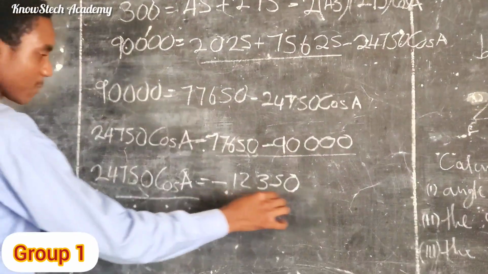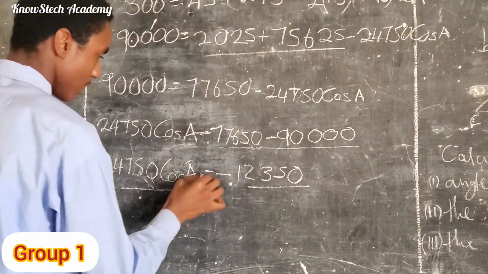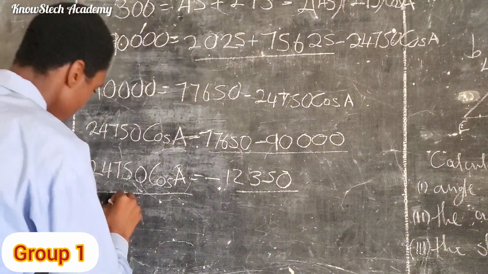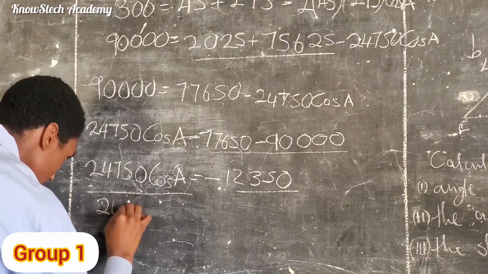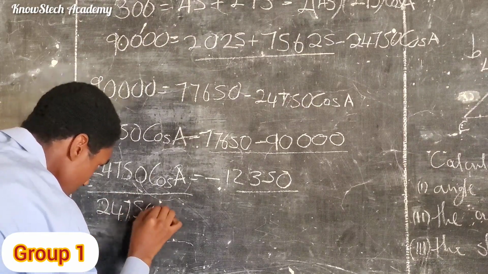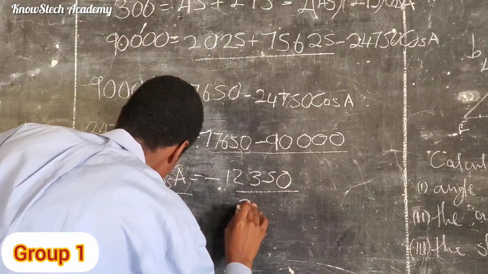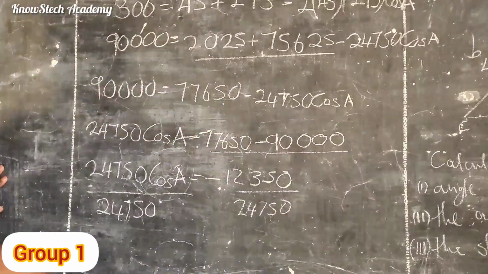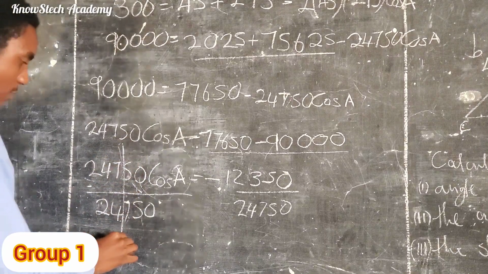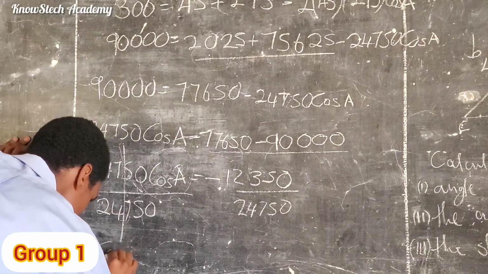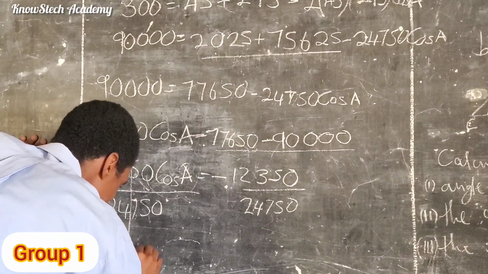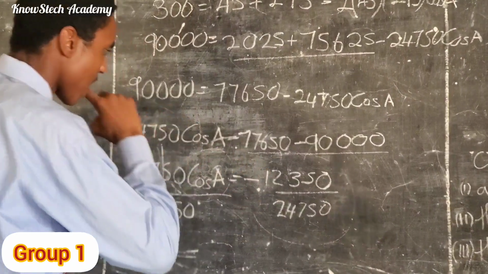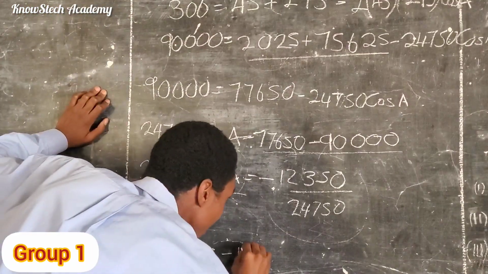We'll divide both sides by 24,750 so that we can only get the cos A, the one that we want, because we're finding angle A. So here it's going to cancel, which will leave us with our cos A there, and we put it down the way it is.